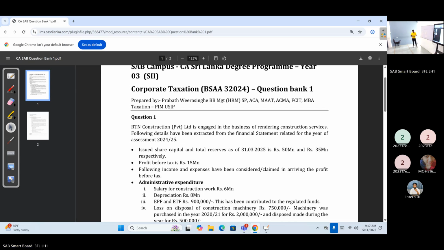Assessable income can be coming from employment, business, investment.